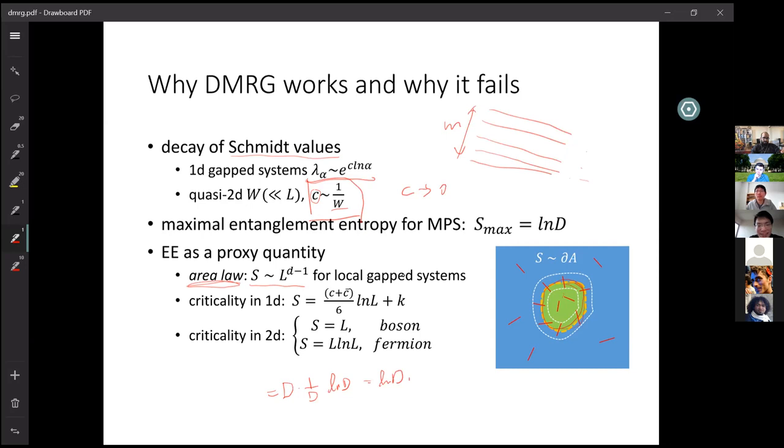Well, I'm just saying, the biggest possible entanglement entropy you could have would be a volume law, right? And if it was a volume law, then for example, you could take the reduced density matrix to just be the identity, and then all of the lambda alphas would be the same, right?